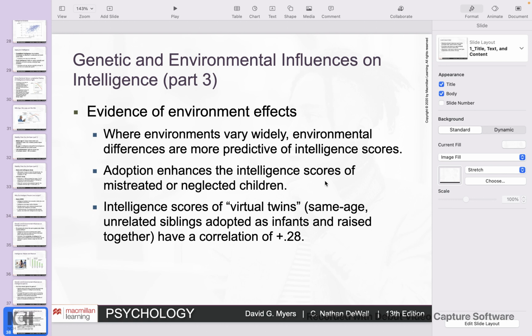So almost a third of siblings who aren't even related biologically, but are reared in the same household, will be highly correlated in their intelligence scores simply because they share the same environment.